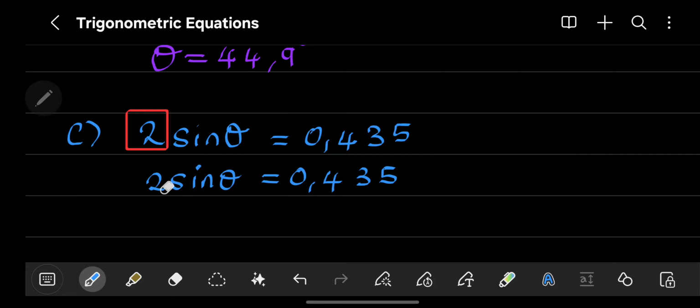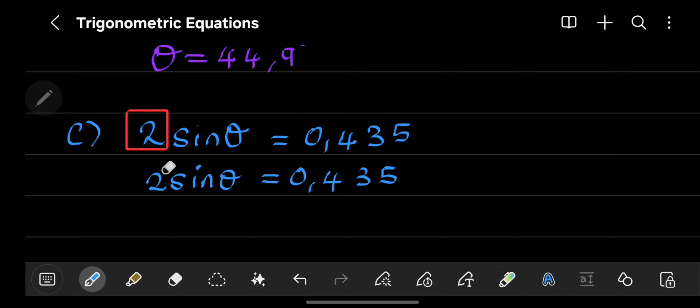You see that 2, the 2 and the sine theta here are not being separated by positive or negative. If they were separated by positive or negative, I was going to transpose. And when you transpose, that is where this changes the sign and it goes that side, only if these two are separated by plus or minus.